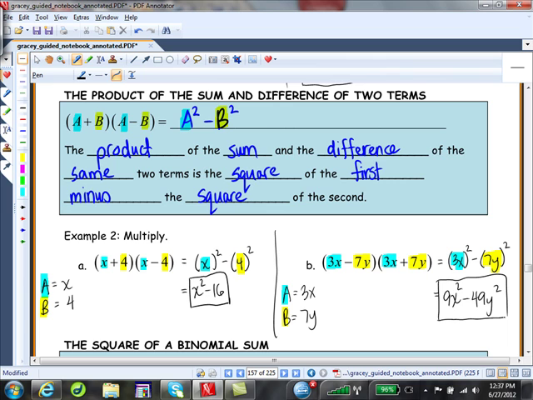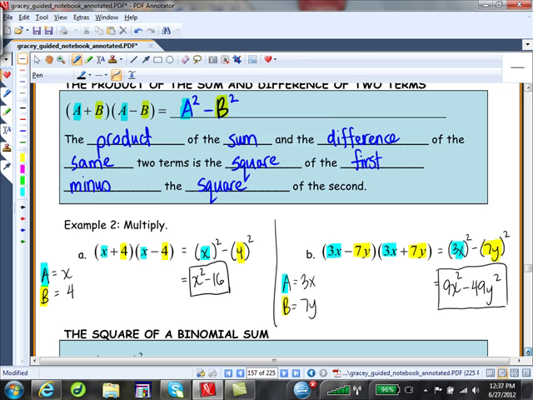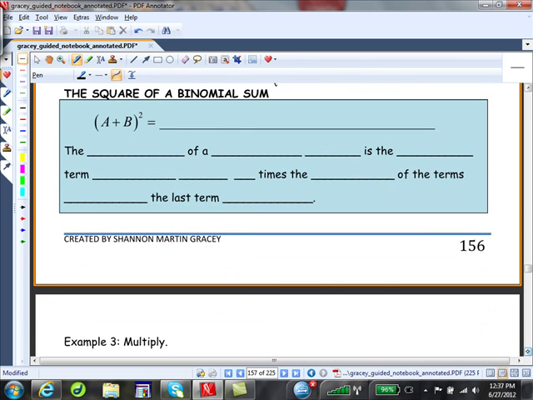All right? Okay, so a lot of times students do really well with that situation. They're not quite as crazy about the square of a binomial sum and the square of a binomial difference. But like I said, you'll just have to decide what's best for you.